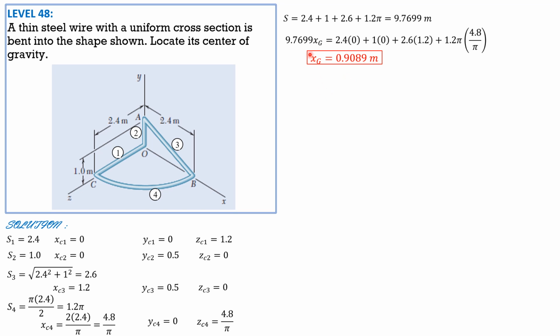Then 9.7699 y sub g equals 2.4 times 0 plus 1 times 0.5 plus 2.6 times 0.5 plus 1.2 pi times 0. So y sub g is equal to 0.1842 meter.